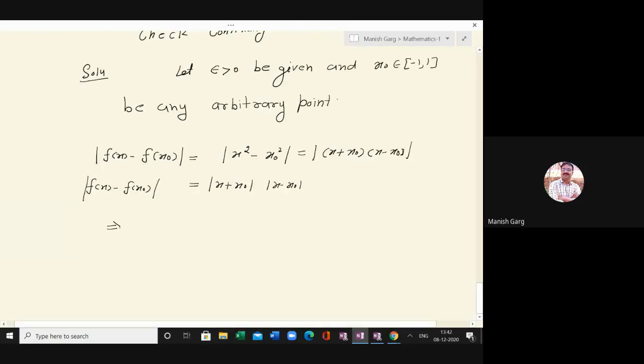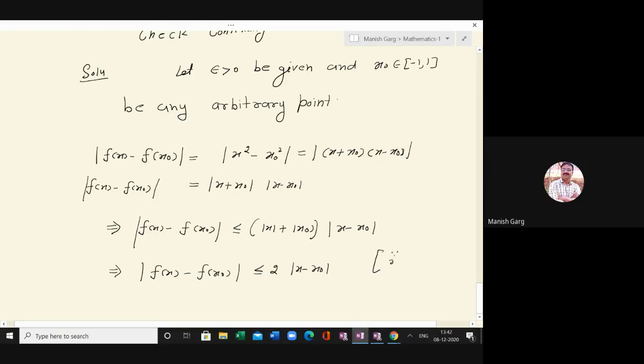By triangle inequality, this is less than or equal to mod x plus mod x naught, times mod x minus x naught. Again, f(x) minus f(x naught), can I write this as less than 2 times mod x minus x naught? Why?